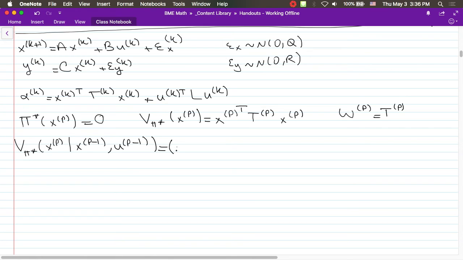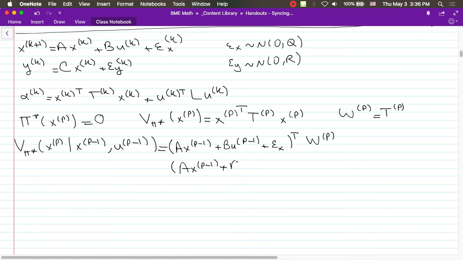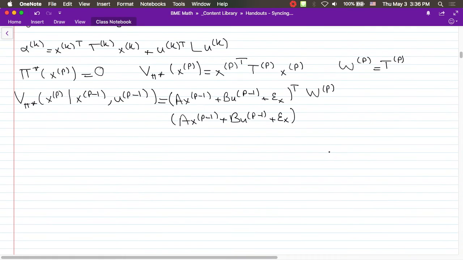Well, that's going to be A x of p minus 1 plus B u of p minus 1 plus some noise, transpose W P times itself. Okay, so we multiply that through.